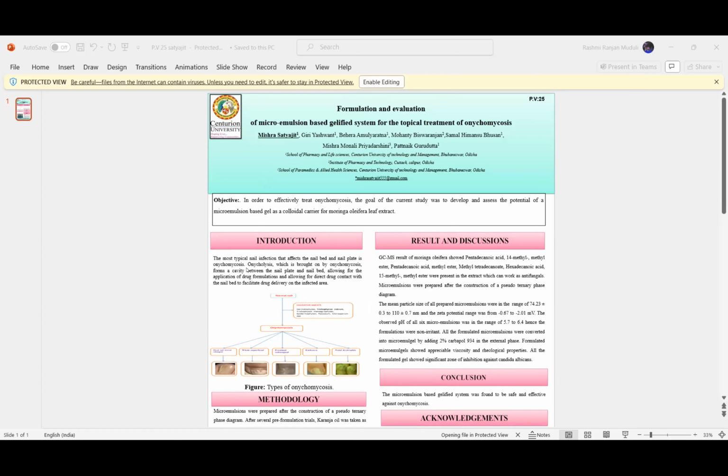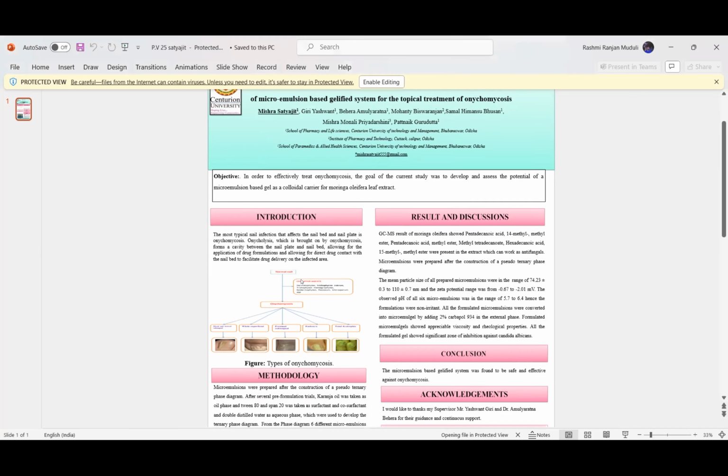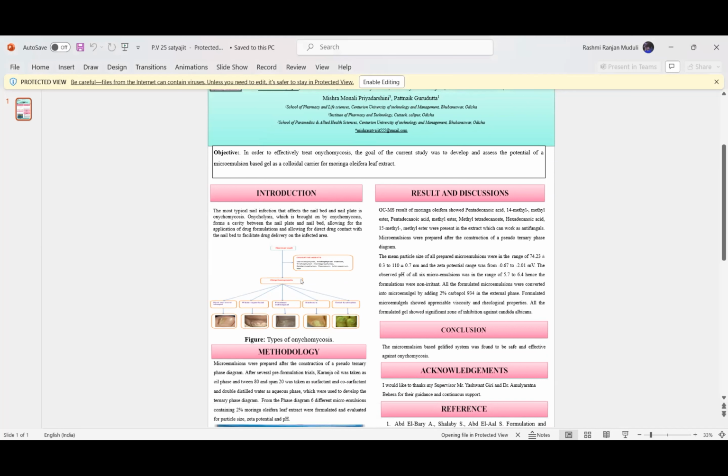Introduction. The most typical nail infection that affects the nail bed and nail plate is onychomycosis. It forms a cavity between the nail plate and nail bed, allowing the applied drug formulation to contact the affected area. Here are the types of onychomycosis.